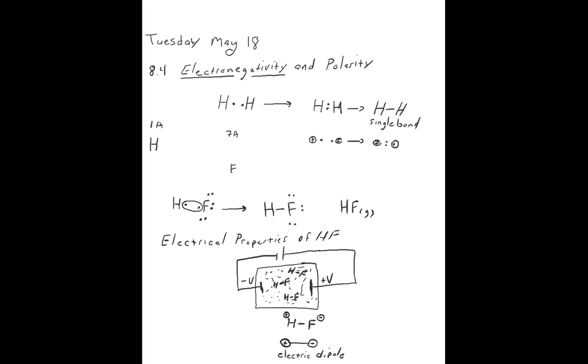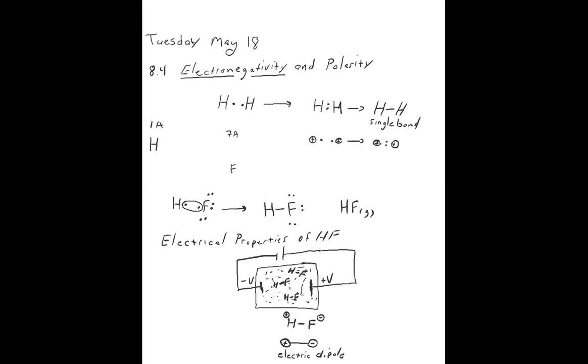If you look at it, it's like a pole. It's a line, and then it has two ends, so it's a dipole. And because these ends are charged, they're not masses, so it's not like you have mass on one end and mass on the other. You have charges on either end, so it's called an electric dipole. Okay, there are also magnetic dipoles, but we're not going to worry about those. So this HF molecule, even though it's neutral, has electrical properties.